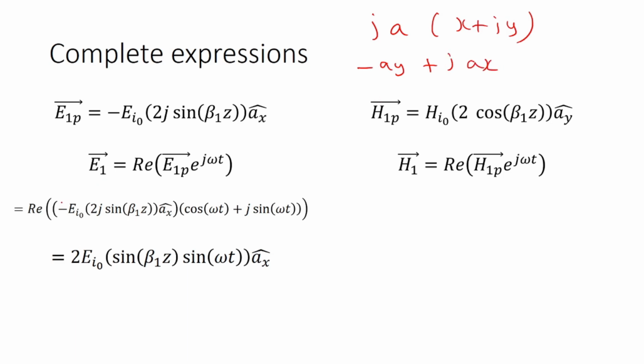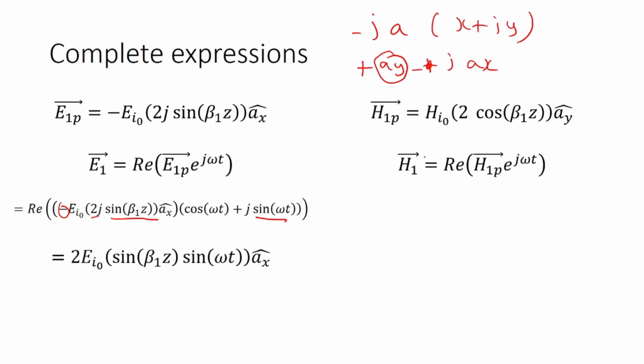Here I already have a minus sign. If I include this minus sign here also, I get plus jy minus jx. The real part is ay. So here this is a and this is y. Therefore, the real part is 2 I naught sin beta 1z sin omega t in the direction of ax cap.